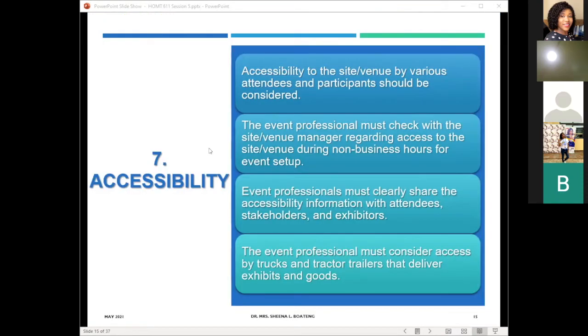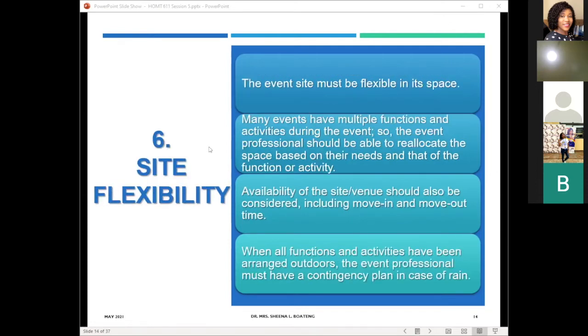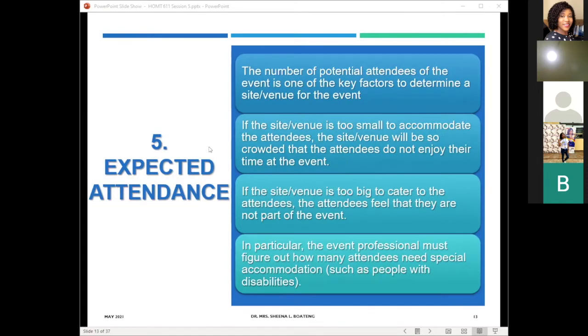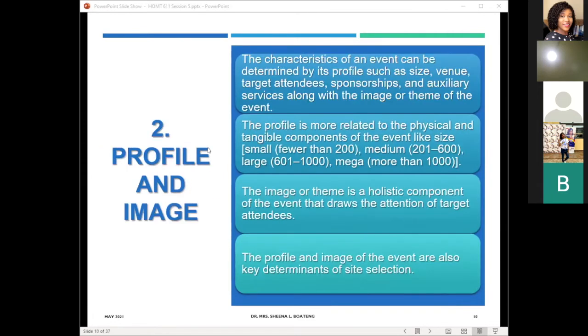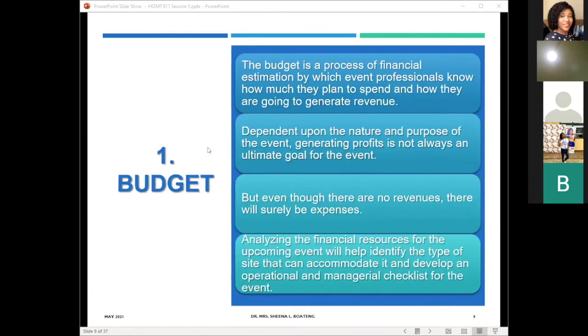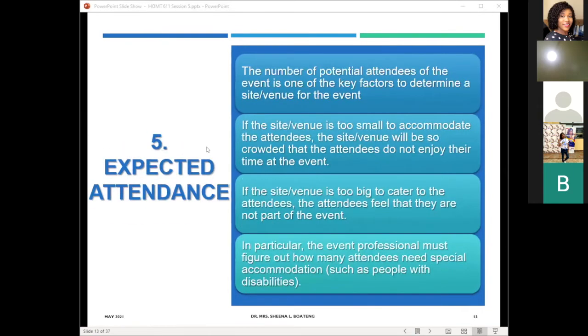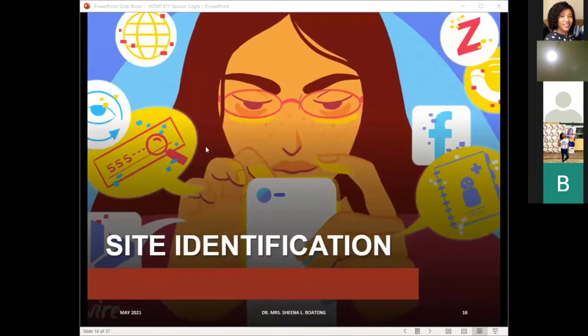So with accessibility, we've come to the end of our discussion on site specification, where we talked about looking at factors including accessibility, site flexibility, expected attendance, licensing and permits, facilities, profile and image, as well as budget, to help us specify the exact criteria we are looking for in the possible event venue that we are going to select to stage the event in question.